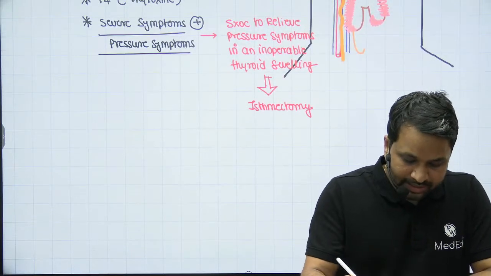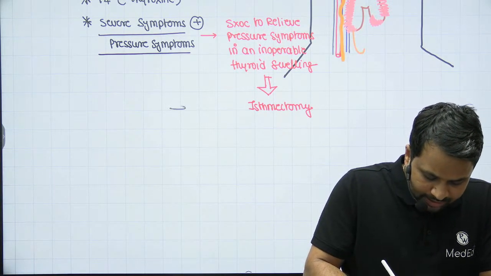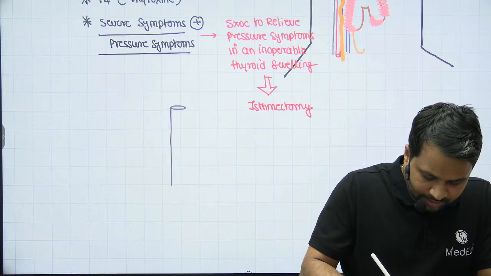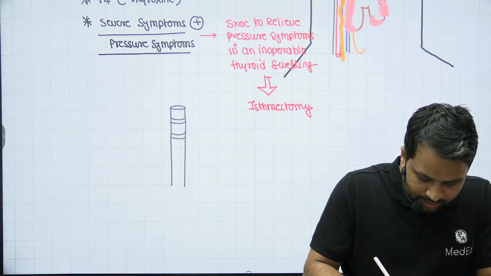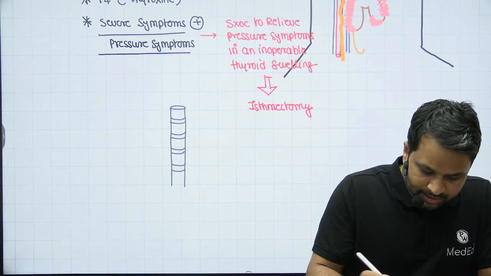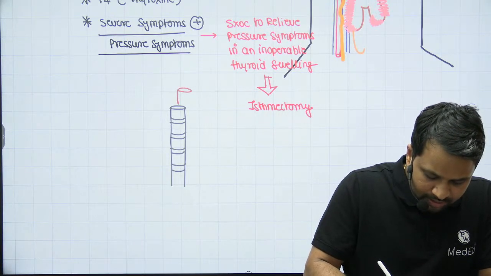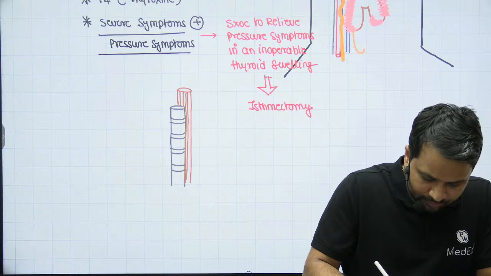So in an isthmectomy, if you look at this, right in the center, it is the trachea which is getting compressed. Right? So I'll take the representation. This is the trachea. These are the tracheal rings that are present. This is the esophagus that is traveling behind the trachea.